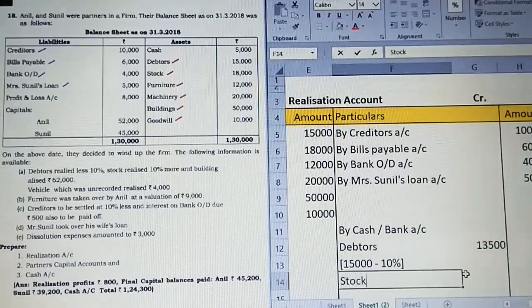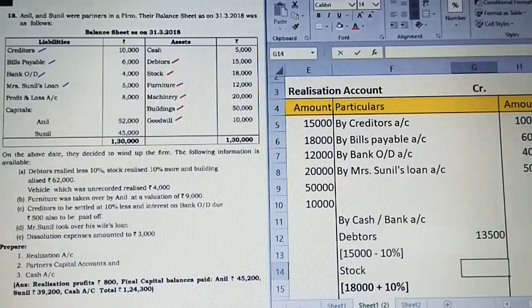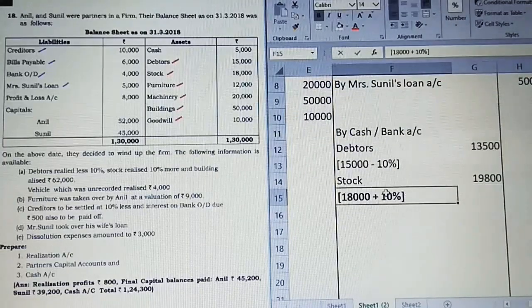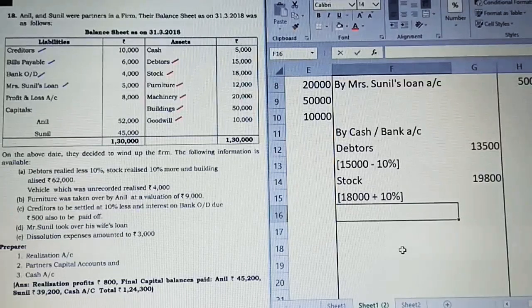Next, stock. Stock is realized 10% more. So what is the value of the stock? Book value is 18,000. More, in the sense plus. Observe, whenever it is a gain, more, profit, you have to put the plus sign. So 18,000 plus 10%, so we are selling it at 19,800. It is realized at a profit. Next, after stock we have building.